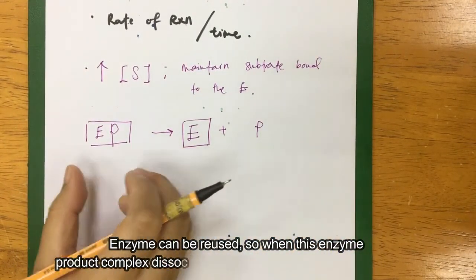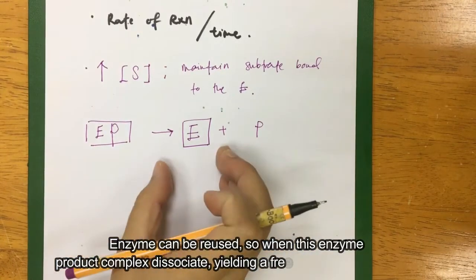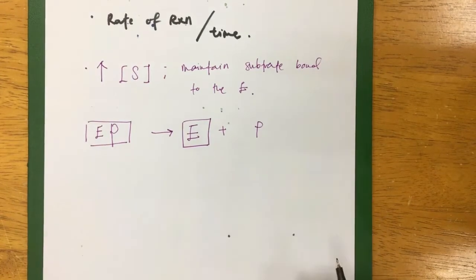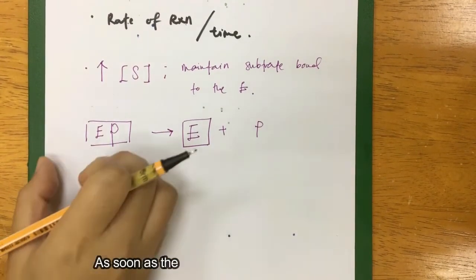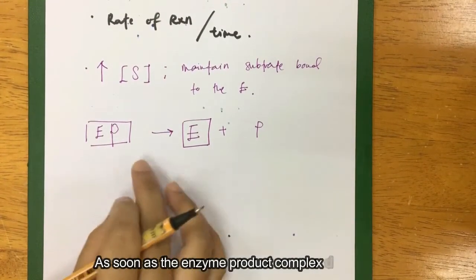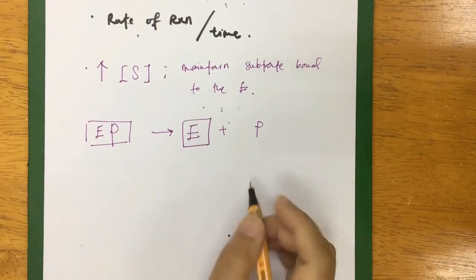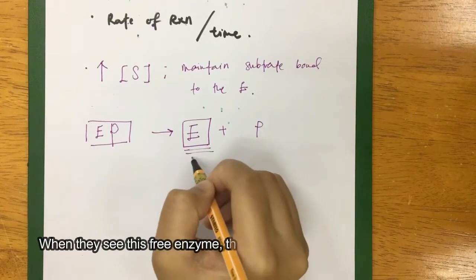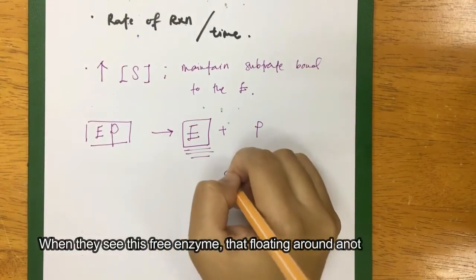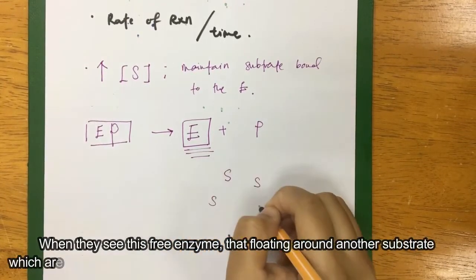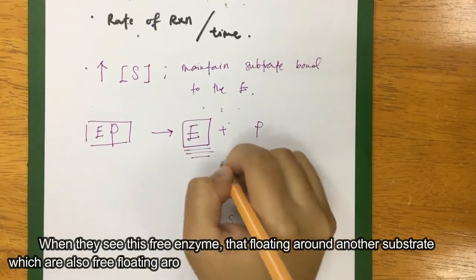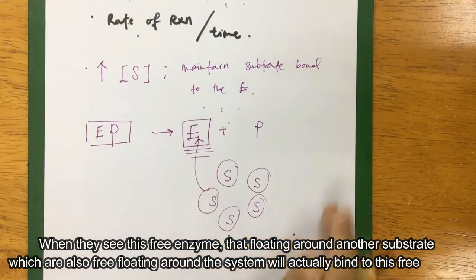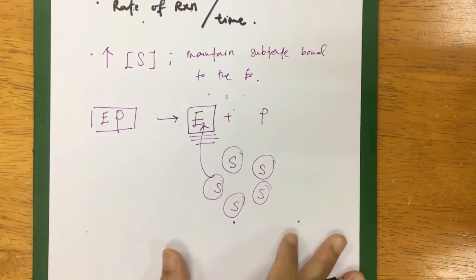So, when this enzyme product complex dissociates, yielding a free enzyme and a product, as soon as it dissociates, when they see this free enzyme floating around, another substrate, which is also free floating around the system, will actually bind to this free enzyme.